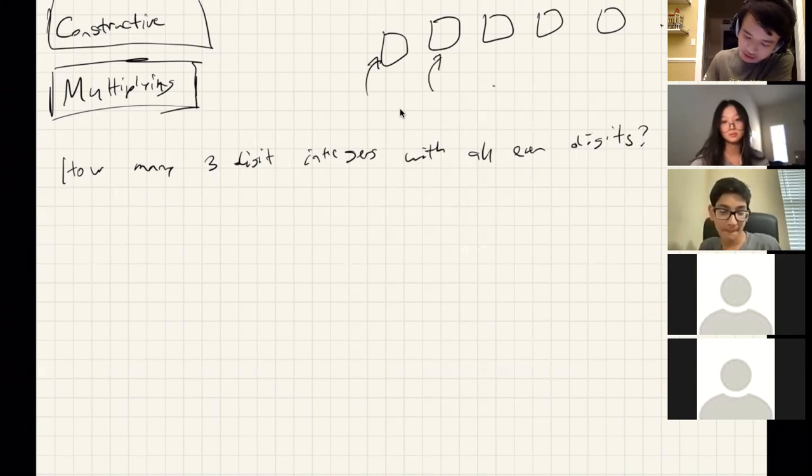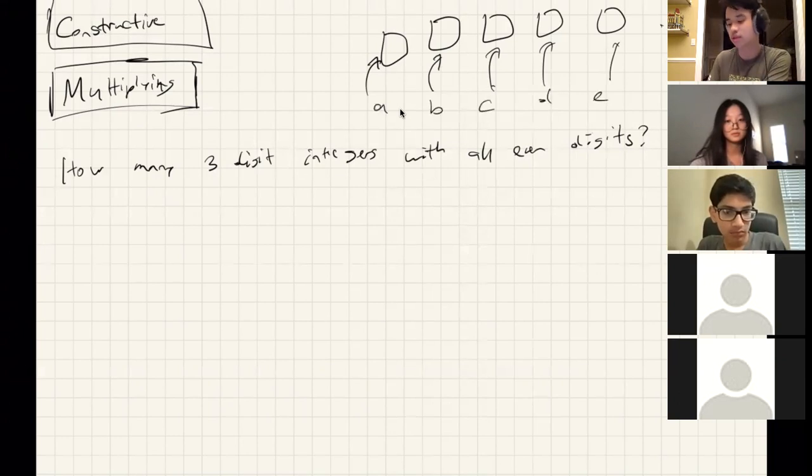You have a bunch of variables, each variable corresponds to one thing, and then you multiply all of these together, and then you get your final result, right? So constructive counting is all about multiplying, right?